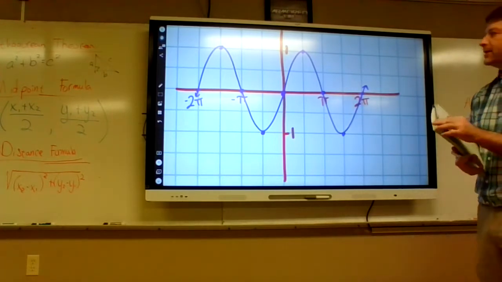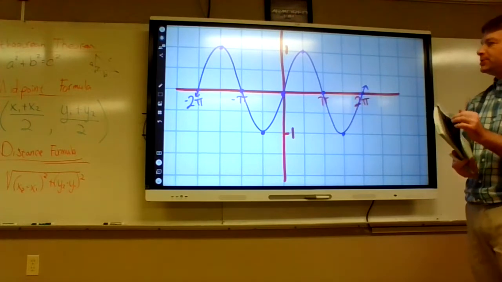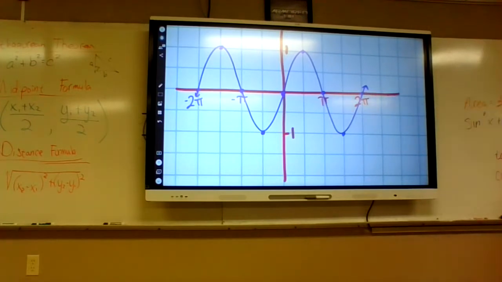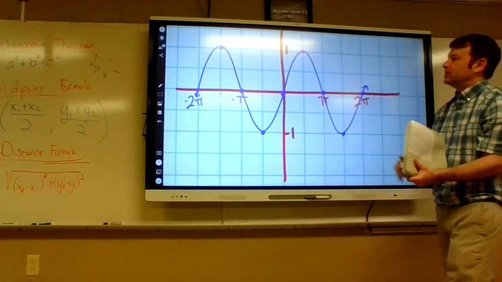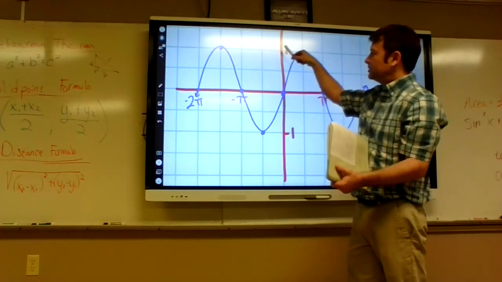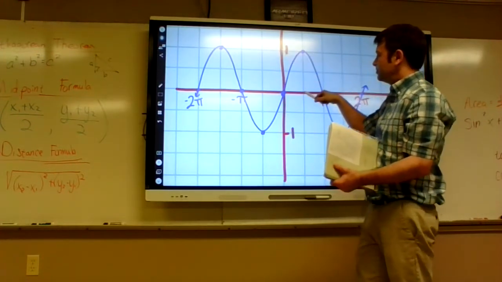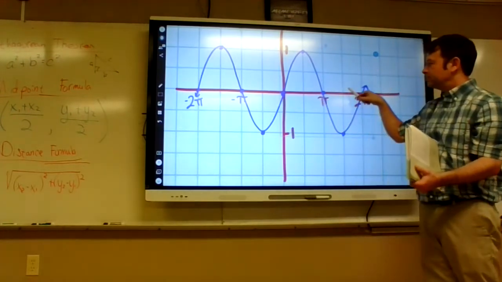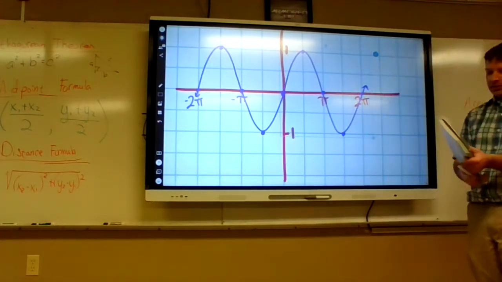All right, number 2 is cosine. It's going to look pretty similar. They probably drew a picture around here somewhere. It's going to be pretty similar except it starts at the top going down. So it's going to go top, middle, bottom, middle, top.